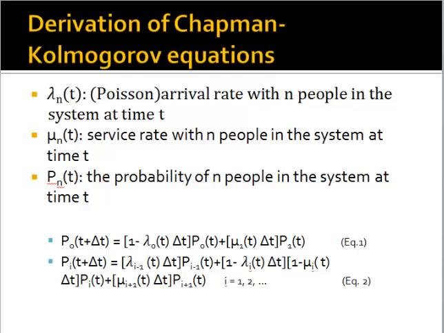The second equation states that the probability that the system is in state i a very short time from now is equal to the sum of the probability that the system is in state i minus 1 now and there is one arrival during the very short time, plus the probability that the system is in state i right now and there are no arrivals or service completions during the short interval, and the probability that the system is in state i plus 1 right now and there is one service completion during the short interval.